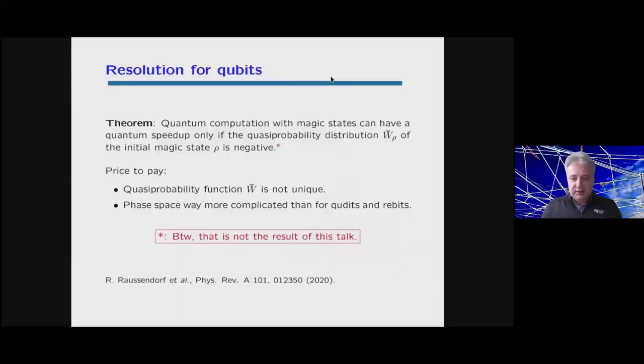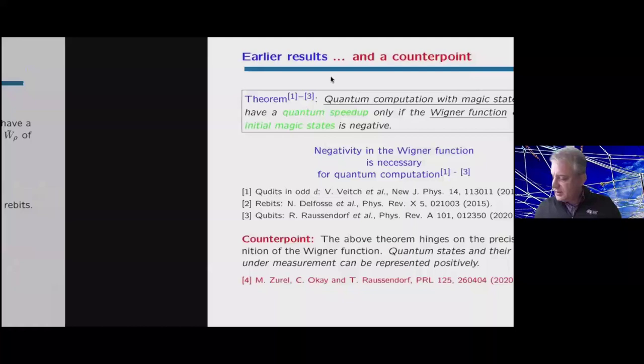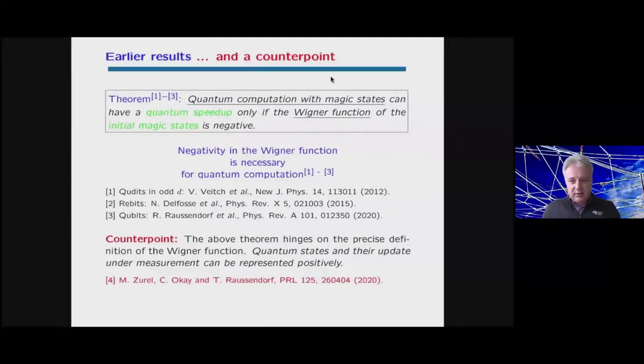But that is not the purpose of this talk. Let's move on to the purpose of this talk. Now you see this earlier slide again. The purpose of this talk is to make a counterpoint. The above results, Emerson's results and all that came afterwards, rely on a particular definition of quasi-probability distribution.